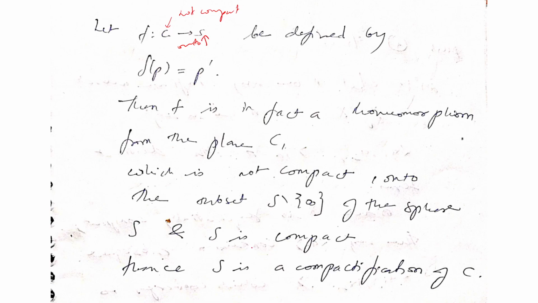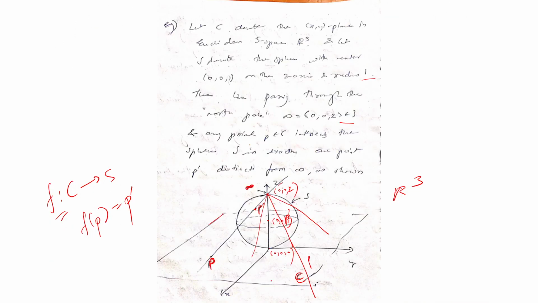See, here F is a homeomorphism, right? C is not compact. This is mapped onto the subset of S. If this is the sphere S, it contains everything.